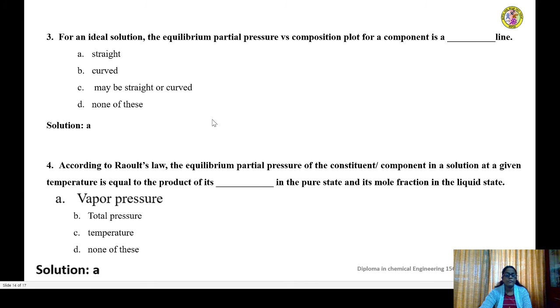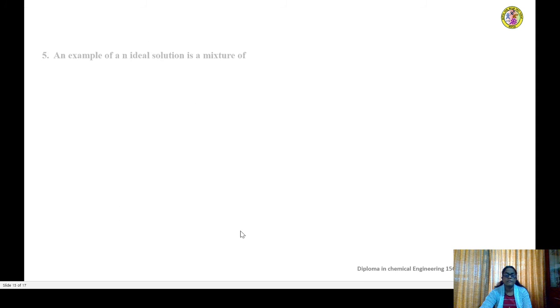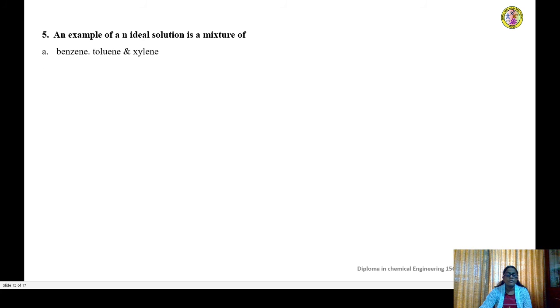So the fifth question is like this. An example of an ideal solution is a mixture of benzene, toluene and xylene; water and ethanol; acetone, ethanol and butanol; none of these. Which is your selection as the right answer?